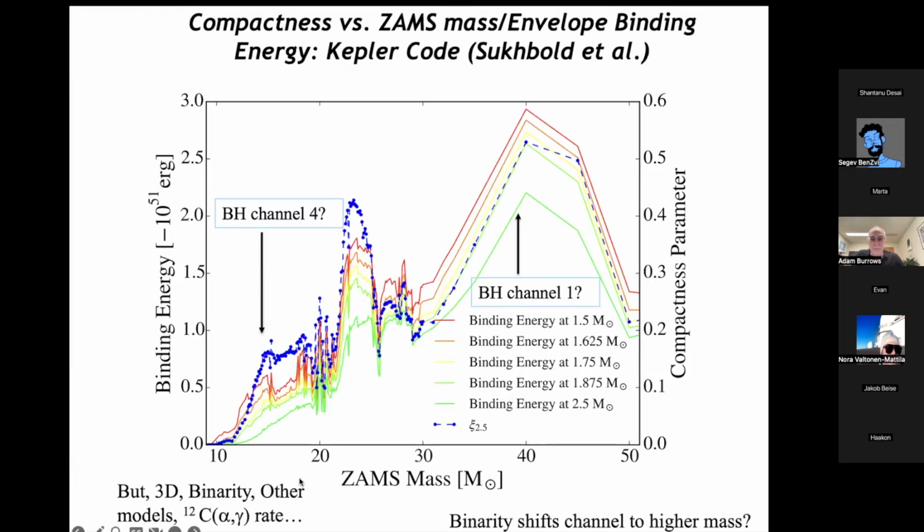Now, if you look at the ZAMS mass, 10 solar mass, 20, 30 solar masses for solar metallicity models, and just this blue curve, this is what you get from the Sukhbold collection using the Kepler code from Woosley and Heger and Sukhbold, etc. And you can see the non-monotonicities here. What I will state immediately is that compactness makes a difference, but the actual mapping between ZAMS mass and compactness is very much in flux.